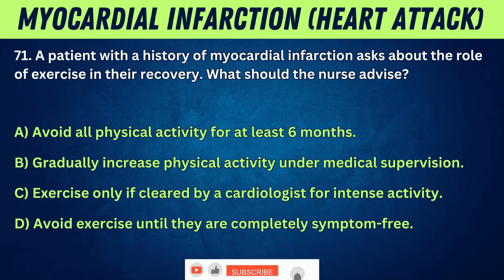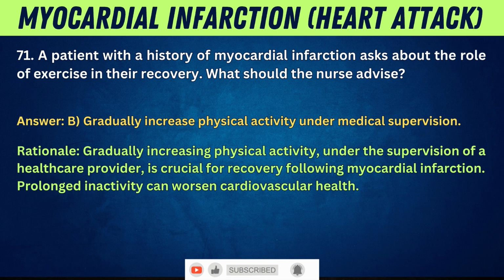D. Avoid exercise until they are completely symptom-free. Answer: B. Gradually increase physical activity under medical supervision. Rationale: gradually increasing physical activity under the supervision of a healthcare provider is crucial for recovery following myocardial infarction. Prolonged inactivity can worsen cardiovascular health.